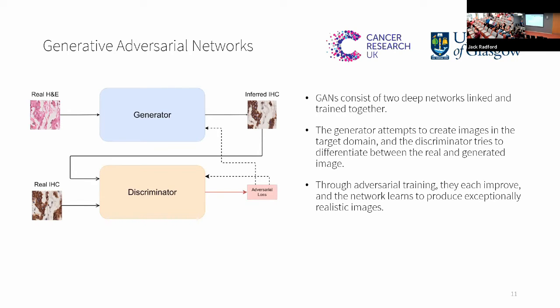For our application, it would take in an H&E image and translate it to an IHC image. But the key for GANs is that they're coupled with another network, often termed a discriminator, which takes in a real image and tries to discriminate between the real image and the generated image. These are trained together in opposition. It's often called adversarial training.